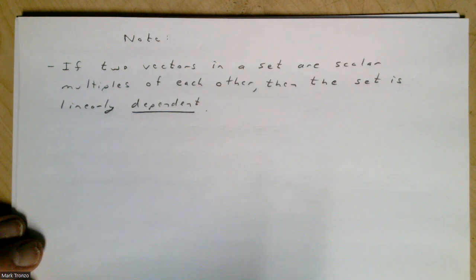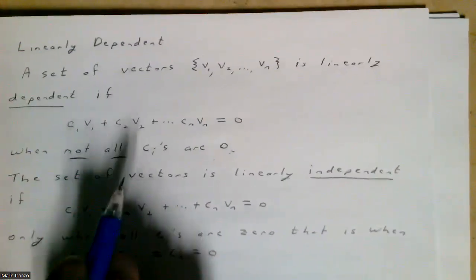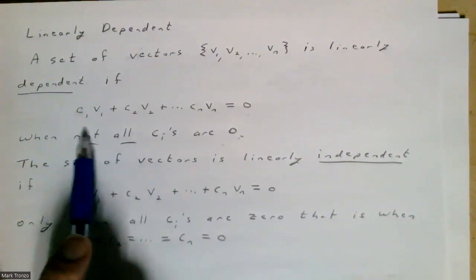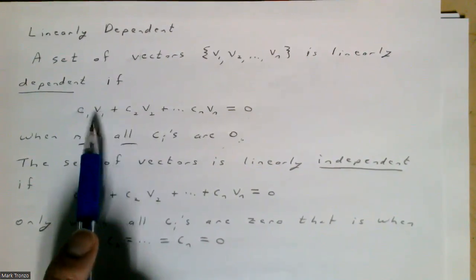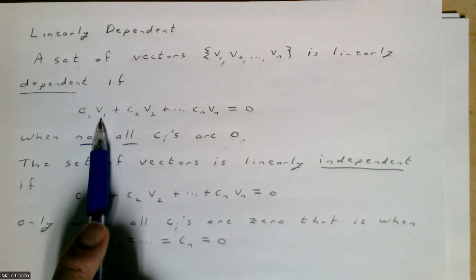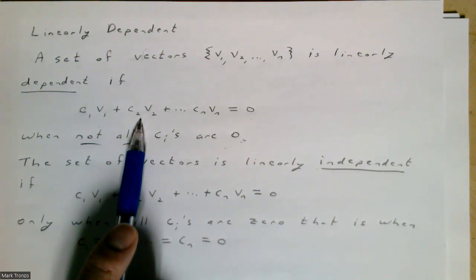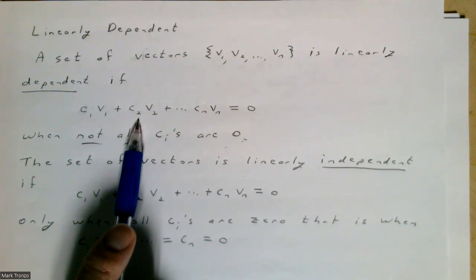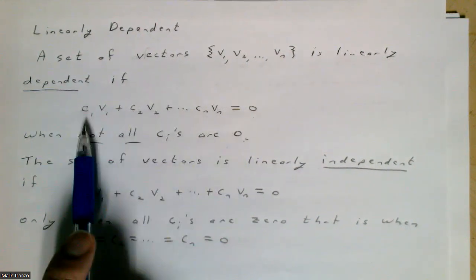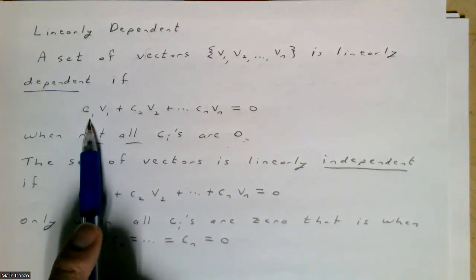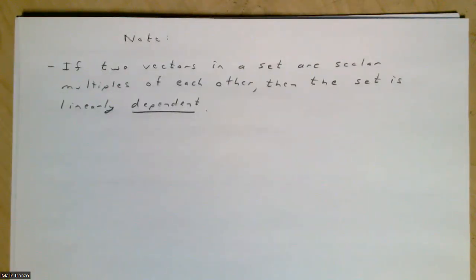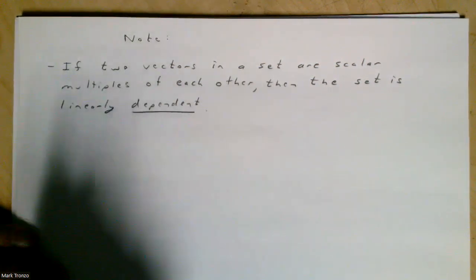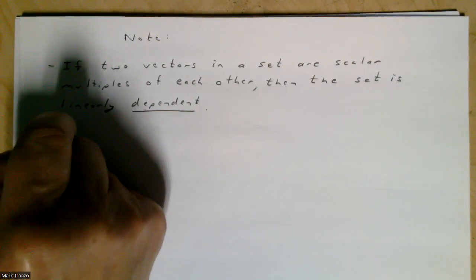Because you could see, for example, let's say just pick these two vectors. If these are scalar multiples of each other, let's say you can get V1 by multiplying V2 by 5, then you could make this to be 0 simply by making this 1 and this 5 and all the others 0. So if you have any pairs that are scalar multiples, you know automatically they're linearly dependent.